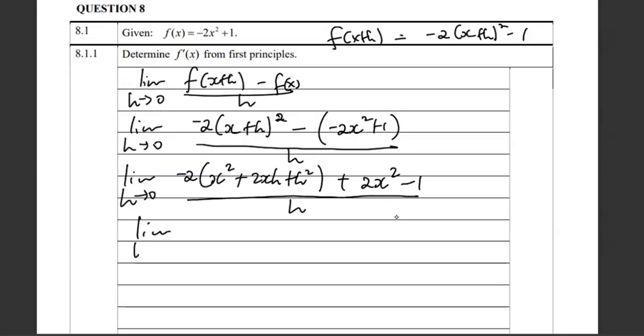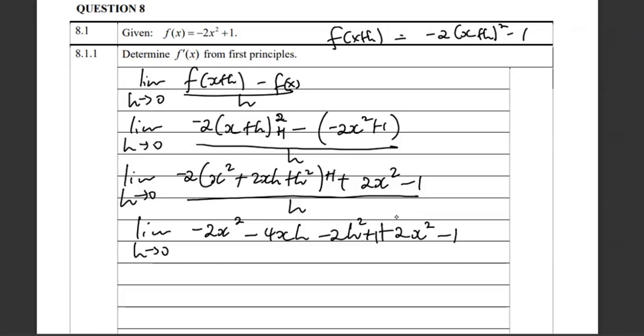So limit as h tends to 0, let's open this up. We have negative 2x squared minus 4xh minus 2h squared plus 2x squared minus 1. Did I leave out something? Looks like I left out something, because this is supposed to be a 1 somewhere here, meaning that there's a plus 1 that I left out.